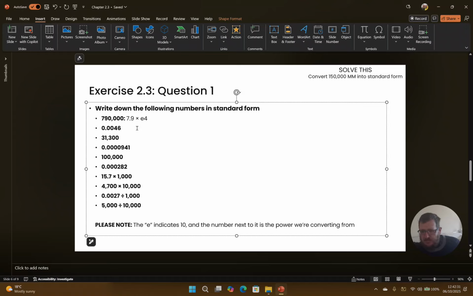Next, 0.0046. So again, we write the number between 1 and 10, so it's 4.6.